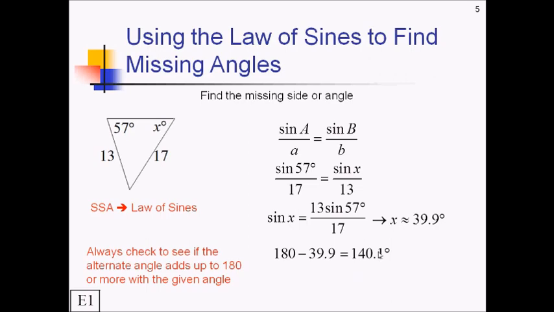We need to see if this angle fits inside the triangle that we started with. 140.1 plus 57, is that going to fit inside a triangle? It is not. That is bigger than 180 degrees. So we have to cross off this answer, and we actually only have one angle that this comes out to, so this is only one possible triangle that we have for this situation.